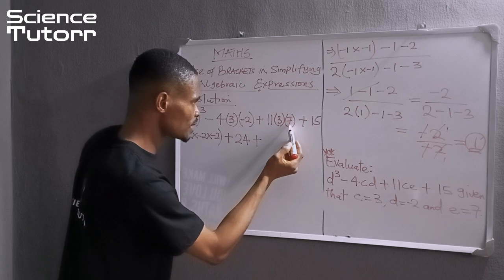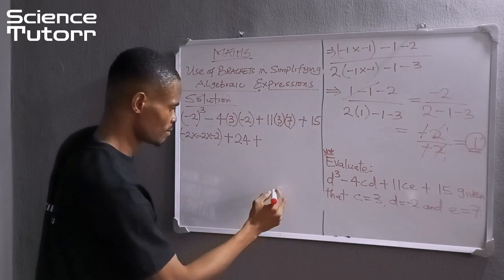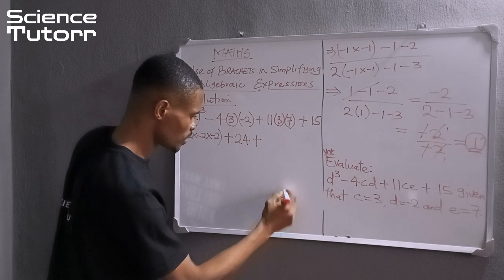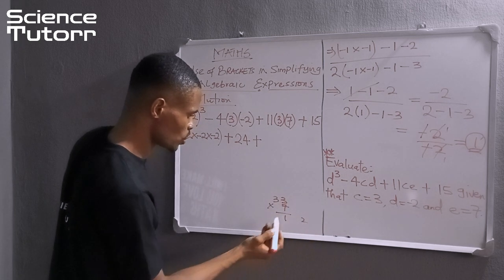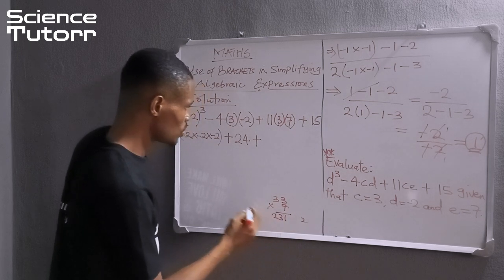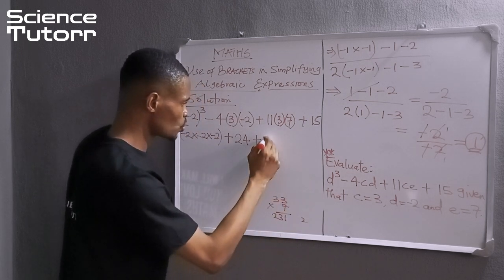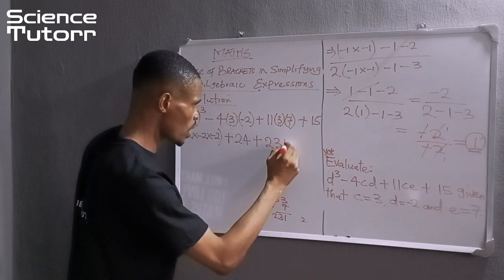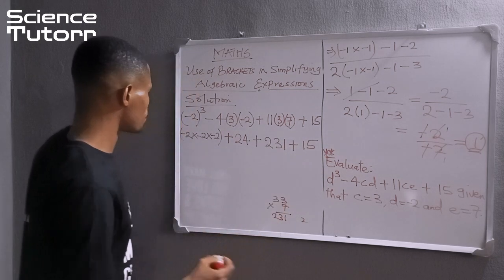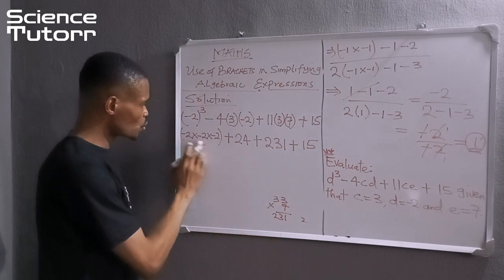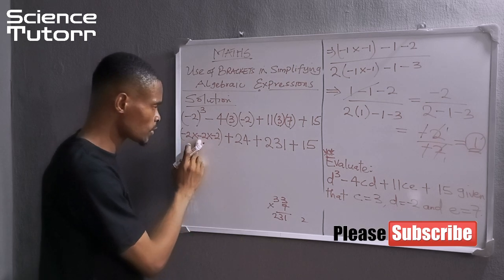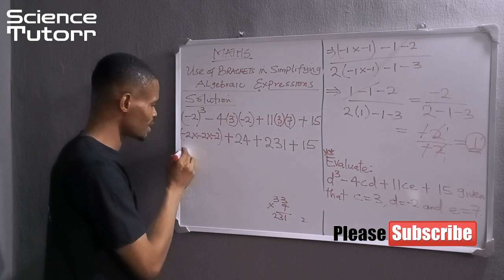33 times 7. 3 times 7 is 21, carry the 2, and so that gives us 231. And then we have plus 15. At the end of the day, minus 2 times minus 2 times minus 2: minus times minus is a plus, plus times minus is a minus.